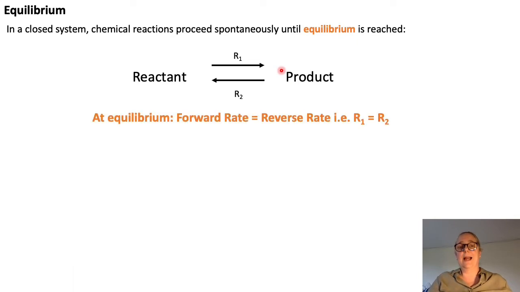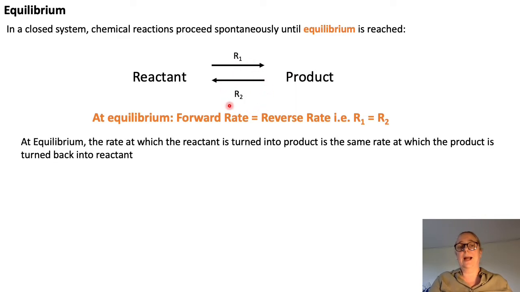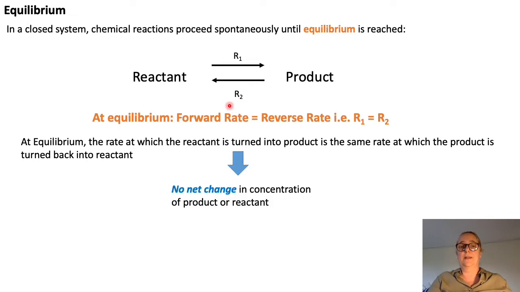At equilibrium, the forward rate equals the reverse rate, so R1 equals R2. The rate at which the reactant is turned into product is the same rate at which the product is turned back into reactant. So there is no net change in the concentration of the product or the reactant.